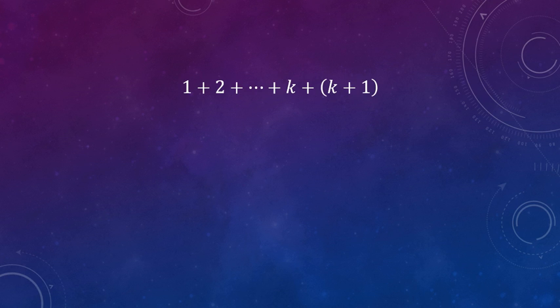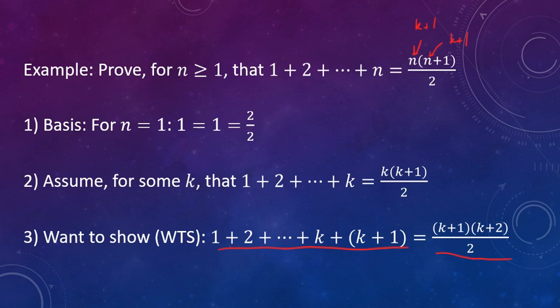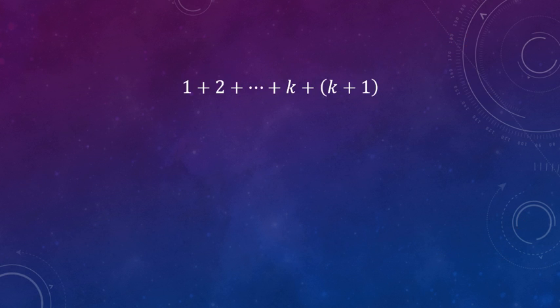How am I supposed to turn this into k plus 1 times k plus 2 all over 2? Well, if I look at all of the terms that are in my red bracket there, the 1 plus the 2 plus k, I know something that is all equal to.